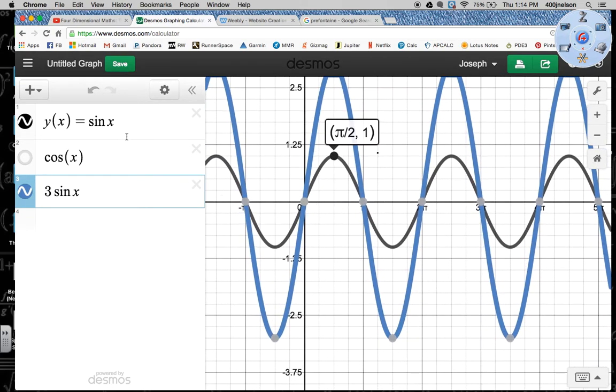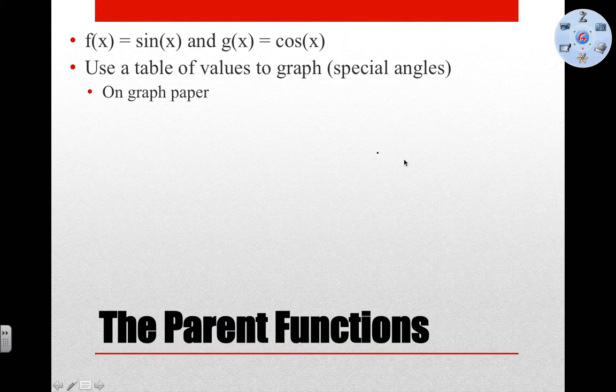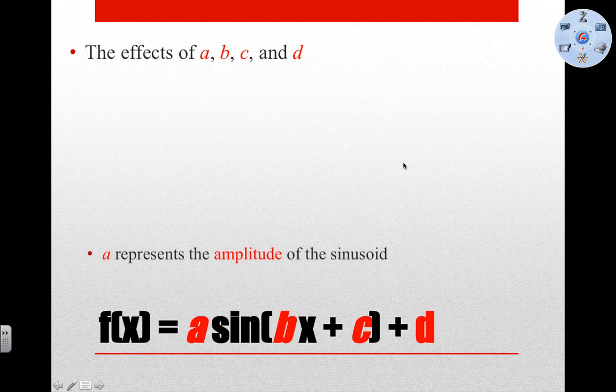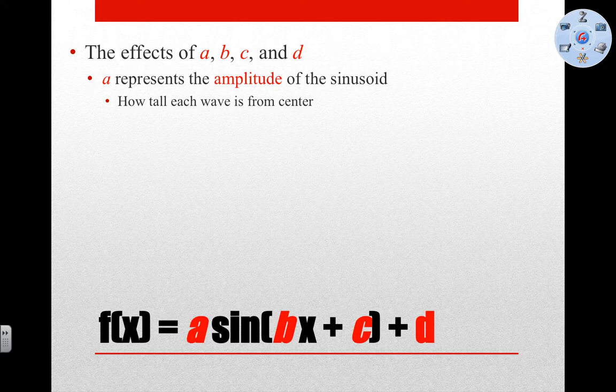Okay, so in sine of x, it goes up 1 and it goes down 1. In 3 sine of x, it goes up 3 and it goes down 3. All right, pretty straightforward for amplitude. So how tall each wave is from center.